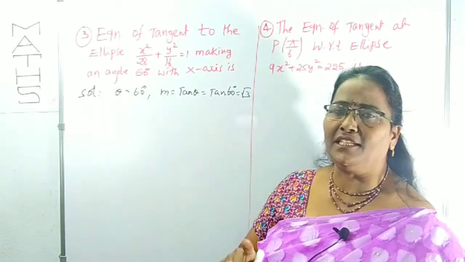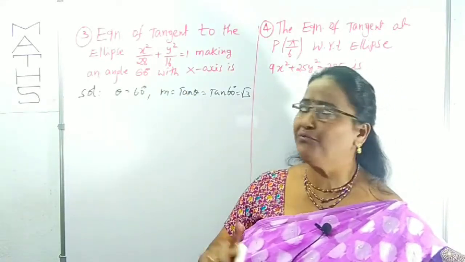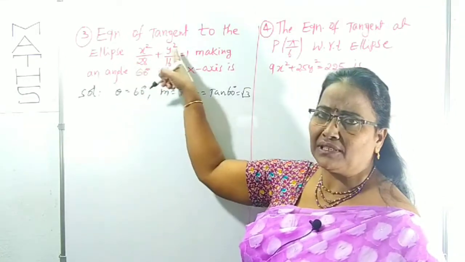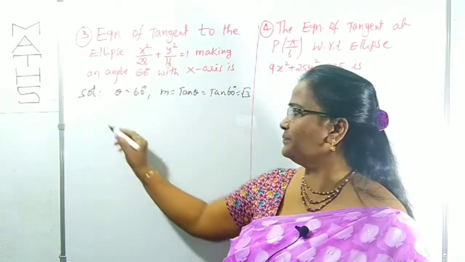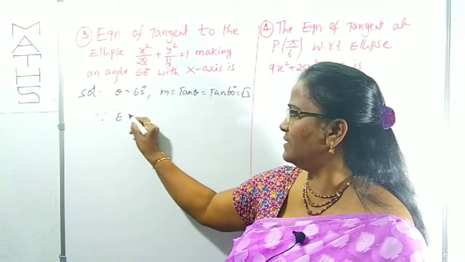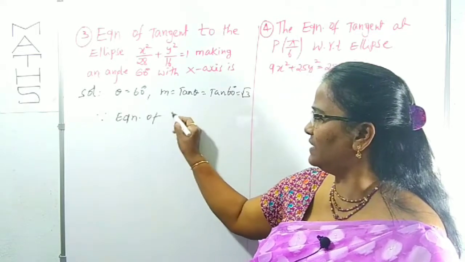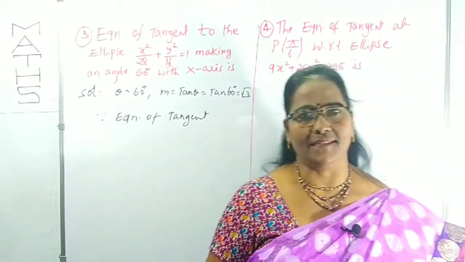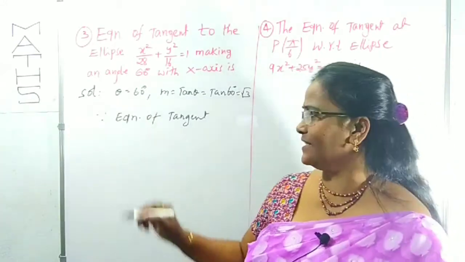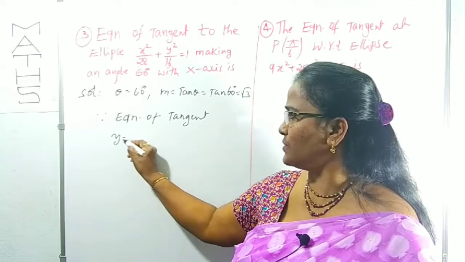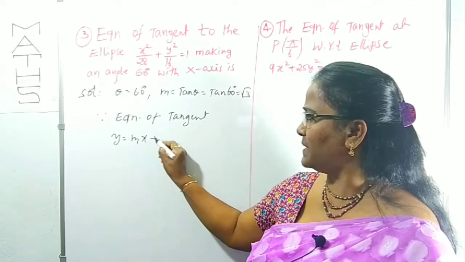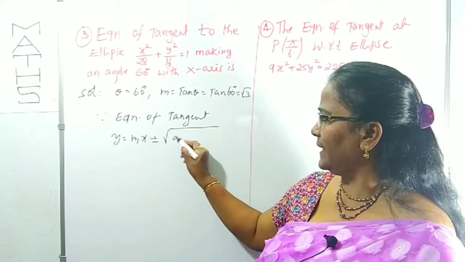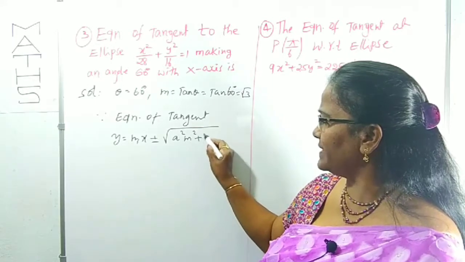Easily we can take the equation of tangent in slope form with respect to the standard equation of the ellipse. That is y equals mx plus or minus root over a square m square plus b square.